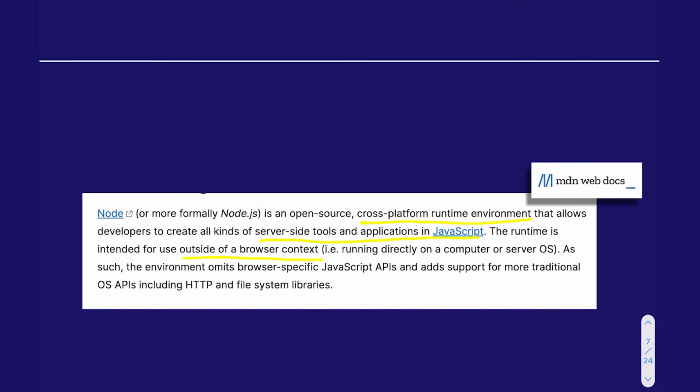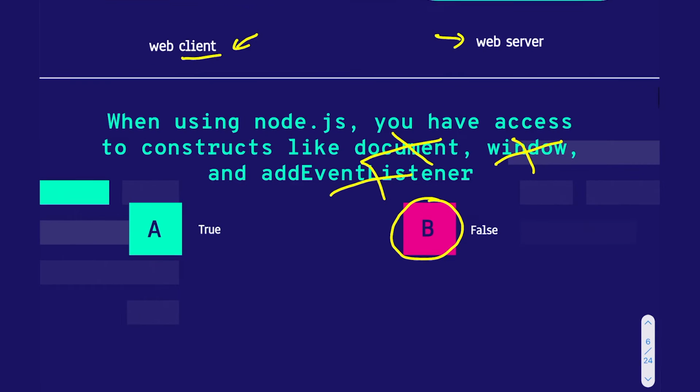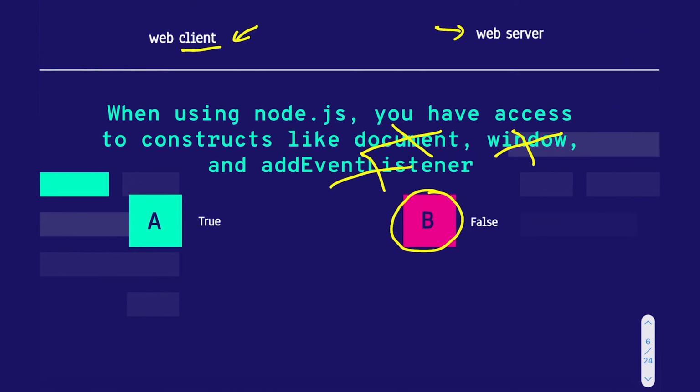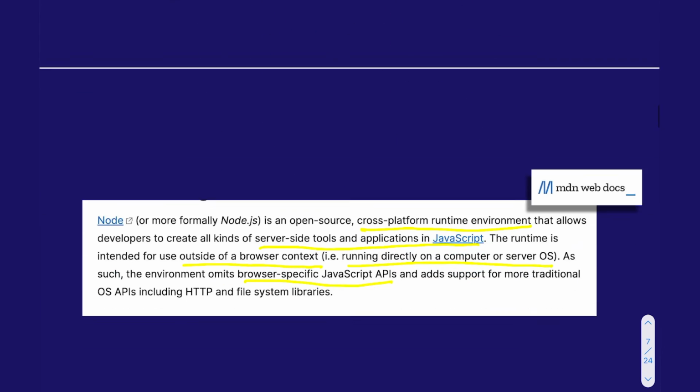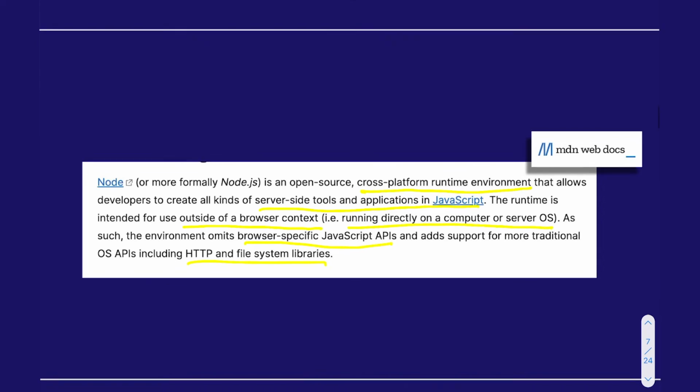So it anticipates that you're running it on a computer or server OS, and for that reason, you don't have these browser-specific JavaScript APIs like document, window, addEventListener. So don't be trying to use those constructs in your server-side programming. However, it does add support for some HTTP and file system libraries, which can be useful. So keep those two things separate in your mind.